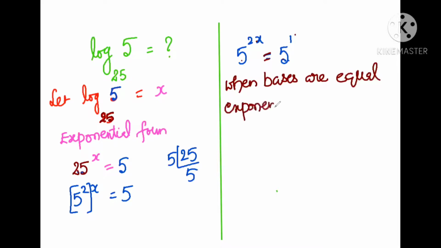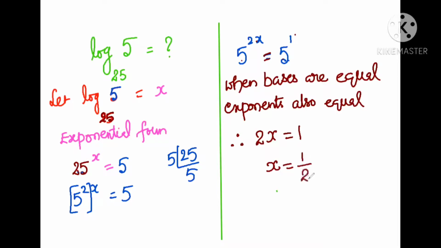Therefore 2x is equal to 1, then x is equal to, transposing to the right side, it becomes the denominator, 1 by 2. Therefore the value of logarithm of 5 when base is 25 is equal to 1 by 2.